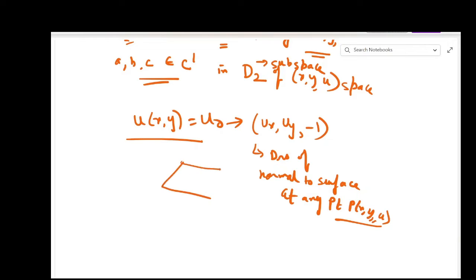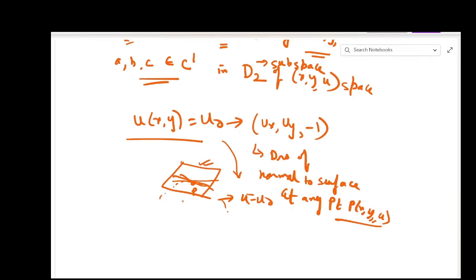This is the tangent plane at the point P, and this is your surface u(x,y) = u0. Through P, I can draw infinitely many tangents, all lying in this tangent plane. So whenever I say a vector is perpendicular to the surface, that means it is perpendicular to the infinitely many tangents passing through that point P on the surface.